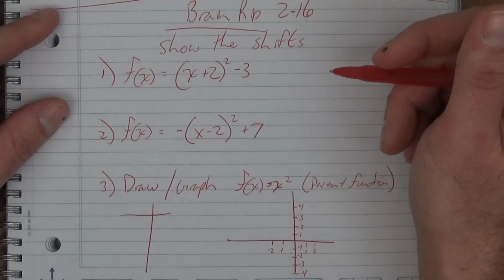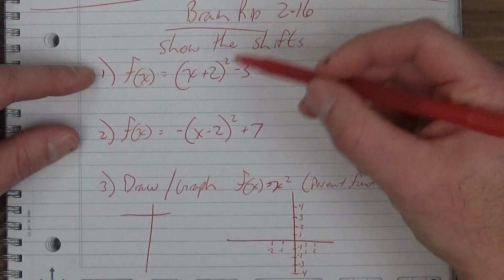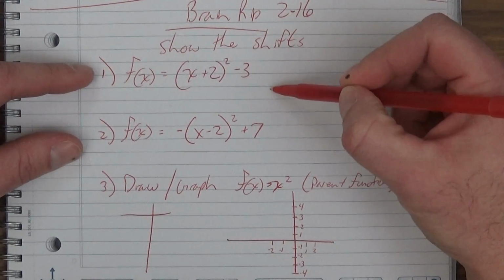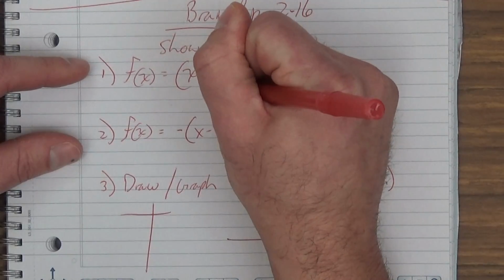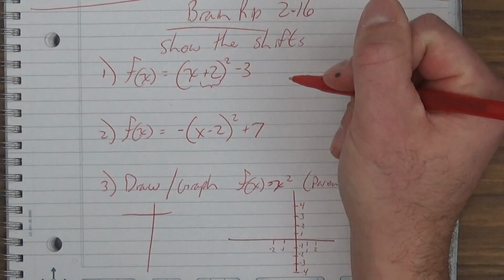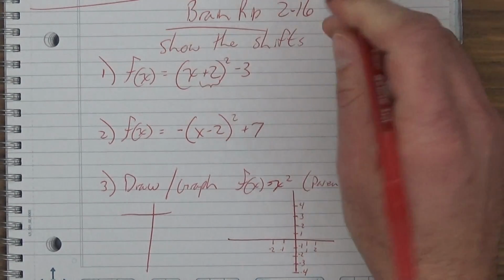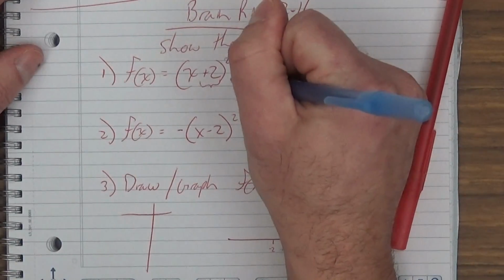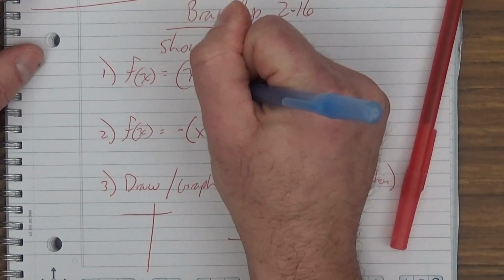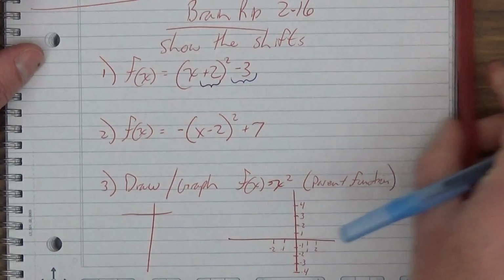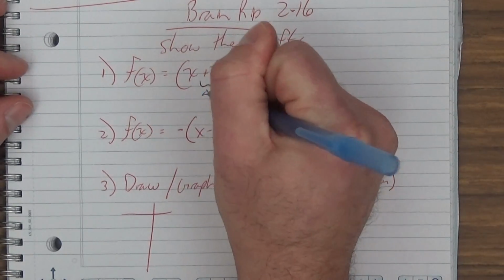Okay, back to the lesson. What I would do if I was to look at this is break this down into two shifts: the plus 2 inside the parentheses and the minus 3 outside the parentheses. Those two things do different things to our parabola.